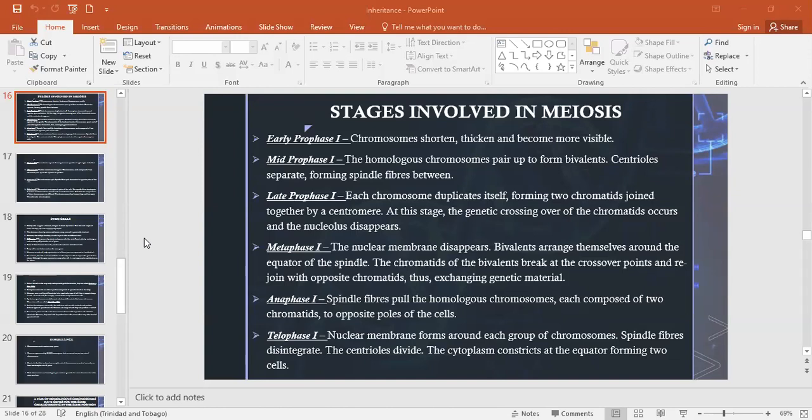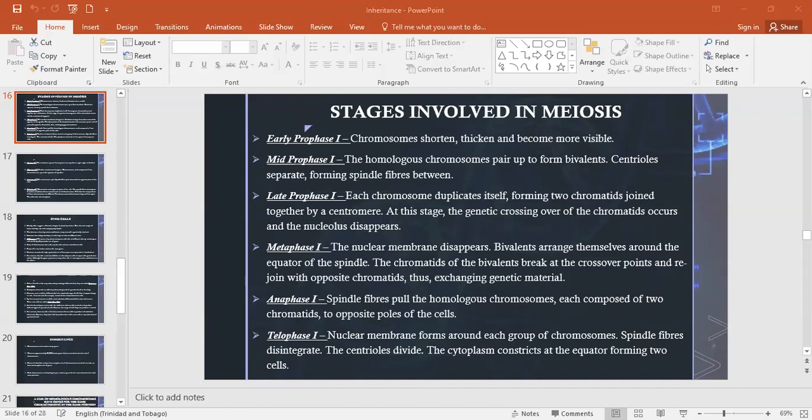And what's the number of chromosomes by the time meiosis is finished? You started off with 46. Very good, 23. So you started off with 46. You eventually get to actually 92, and then you get back down to 46, and eventually you will get 23.